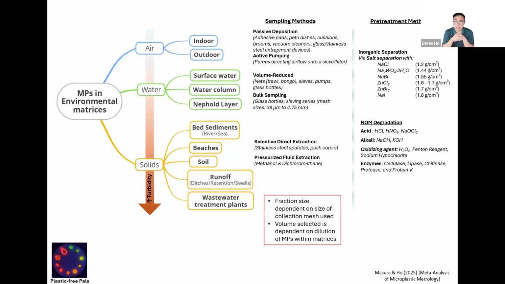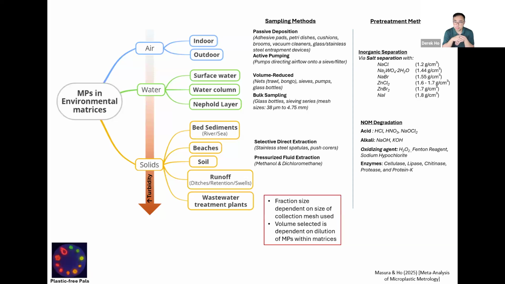For the pretreatment techniques, we tend to use 2 different ways. We'll use inorganic separation, where we use different densities of salts, starting from sodium chloride all the way to heavier, denser salt, sodium iodide. Some papers have done sequential mixtures of salts.